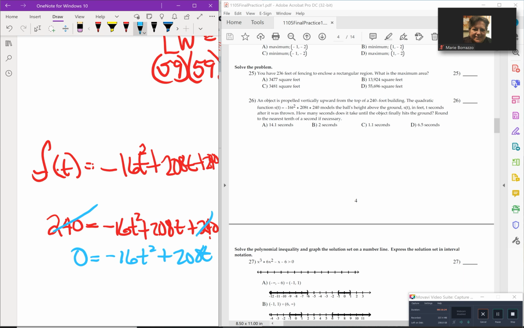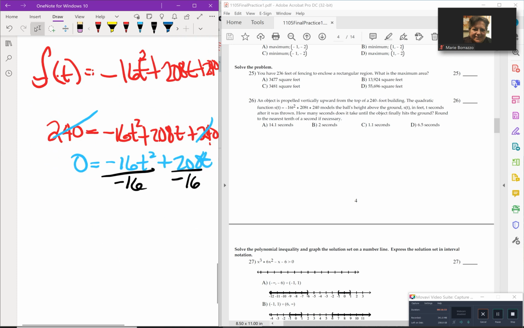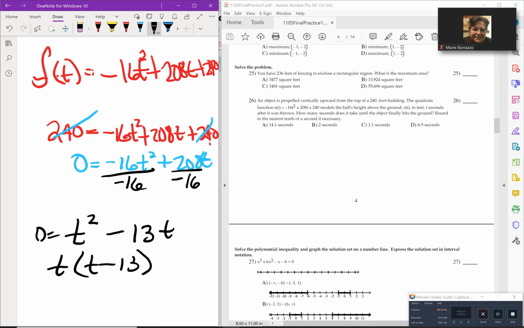And we're going to divide all three terms by negative 16. This is going to leave you with 0 is equal to t squared minus 13t. If I factor the t out, I'm going to be left with t minus 13, which means that t is either equal to 0 or it's equal to 13.